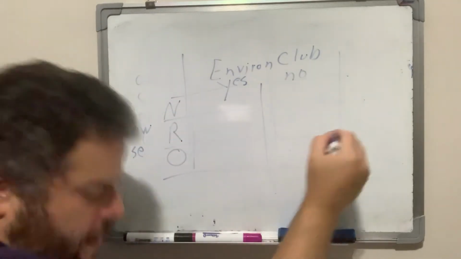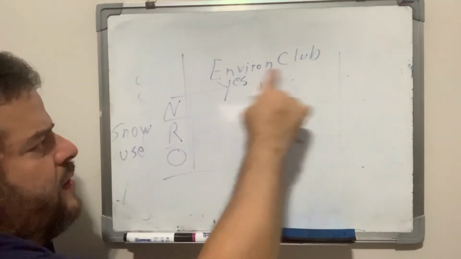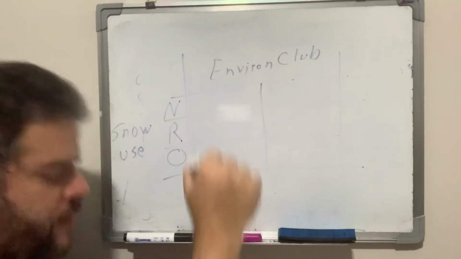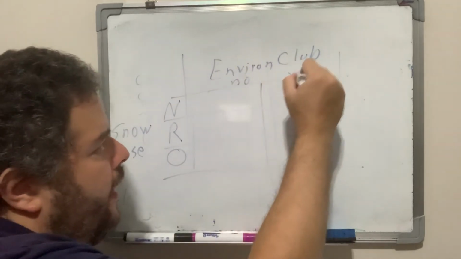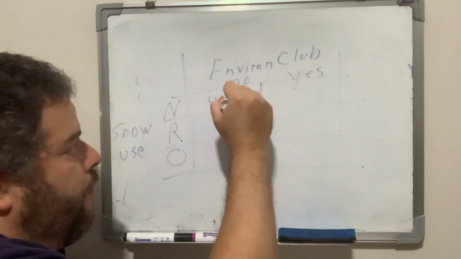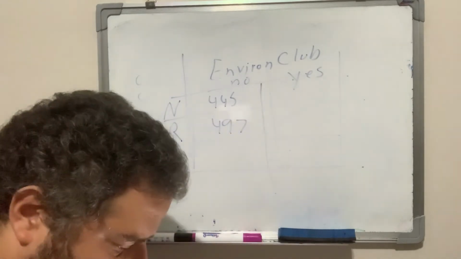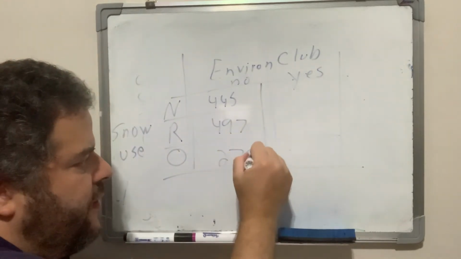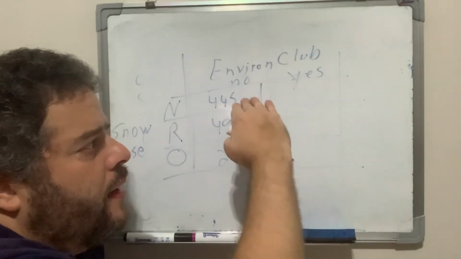So for example, never used, and let's just switch these so we have the exact values that are in the book. So we have no and yes. So I have 445, 497, 279, and we always total the columns and the rows.